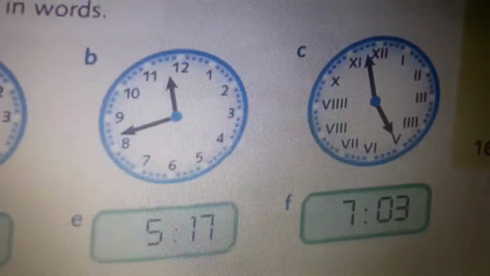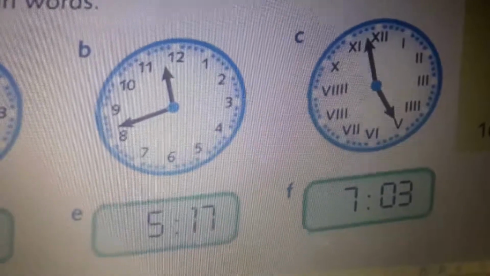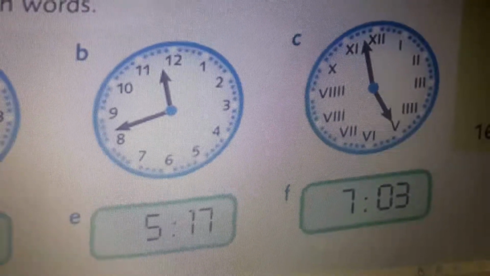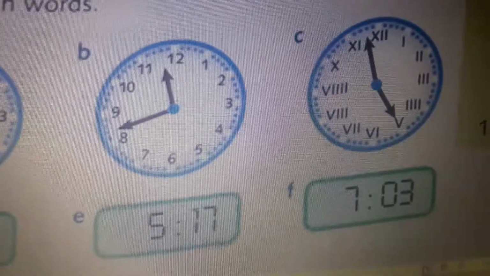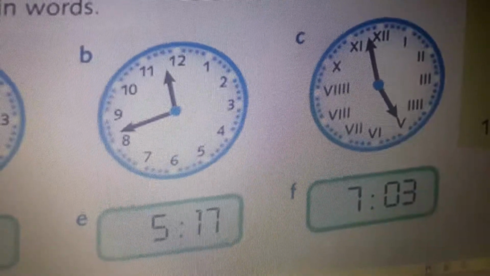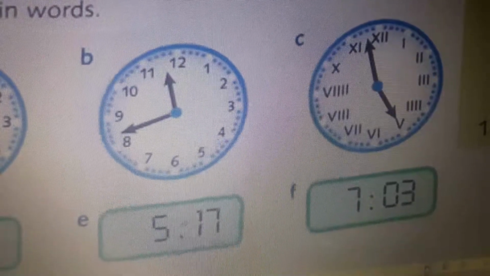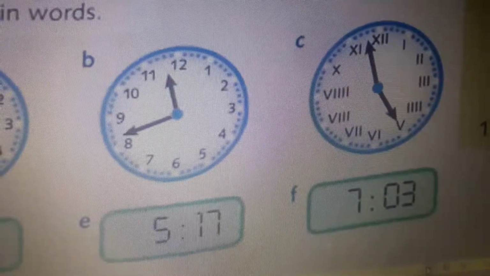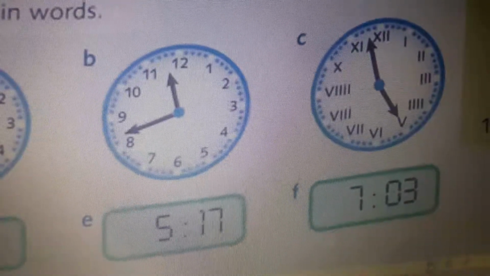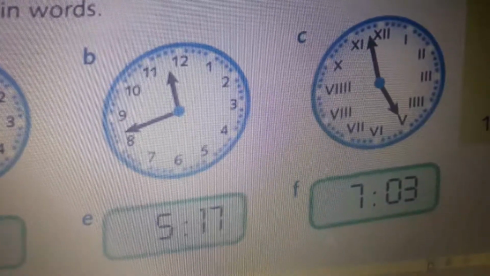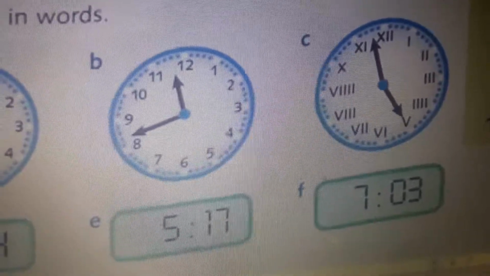Let's move to the next one. We have the short hand between 11 and 12, the long hand after the 8 by 2 dots. So when we are dealing with the analog clock, we are going to divide the clock into left and right. The left part will be the to part.